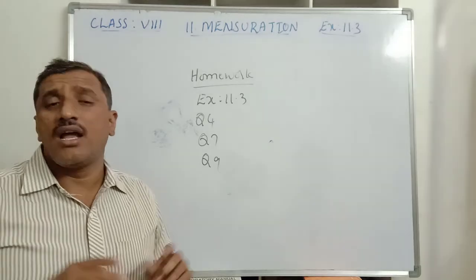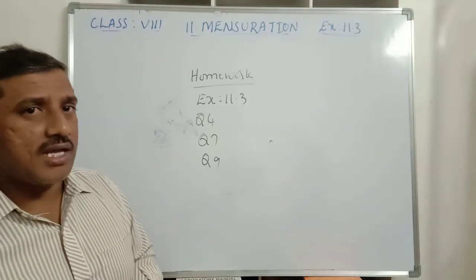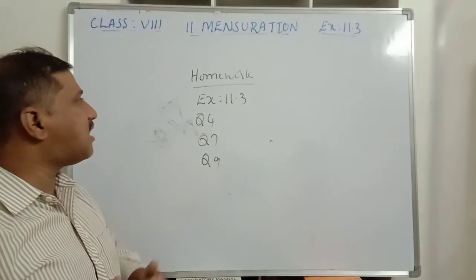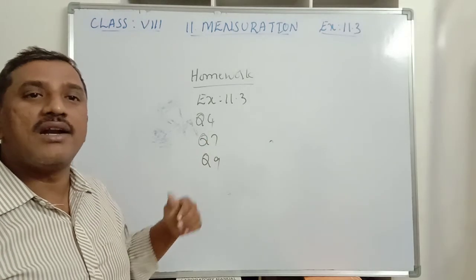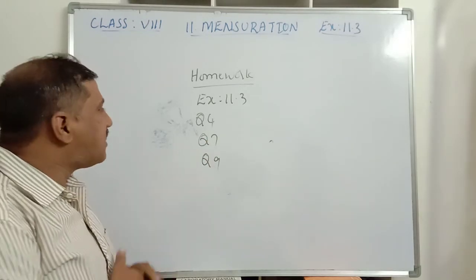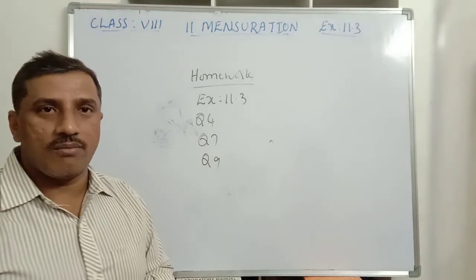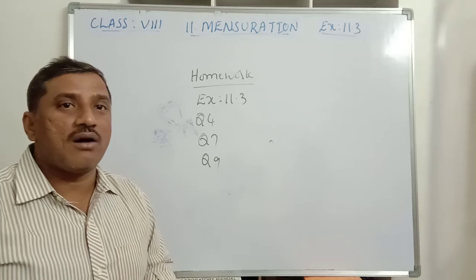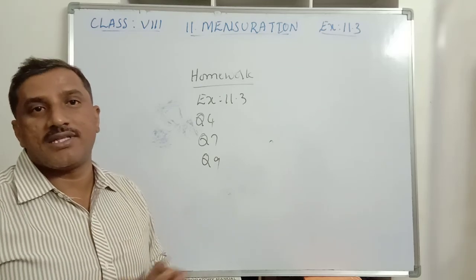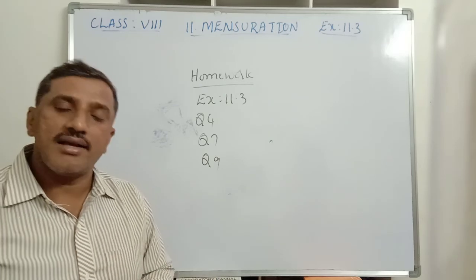With this knowledge, we have studied some problems. Now your homework is exercise number 11.3, question number 4, question number 7 and question number 9. Complete this homework in your notebook, and in the next class we will discuss the volumes of these three solid shapes, that is cube, cuboid and cylinder.